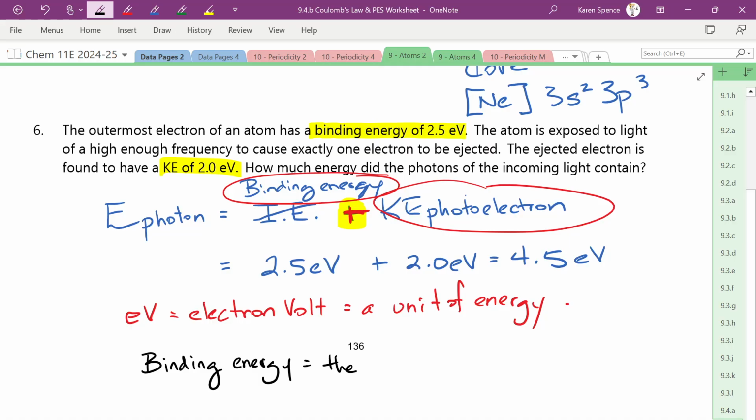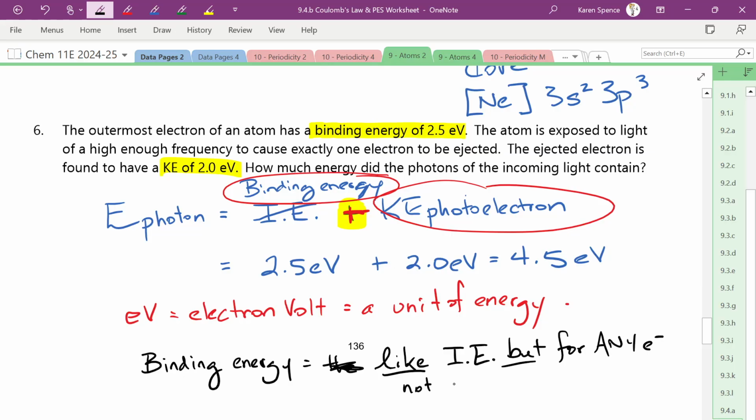It can be any electron. So it is like ionization energy, but for any electron, not just for a valence electron.